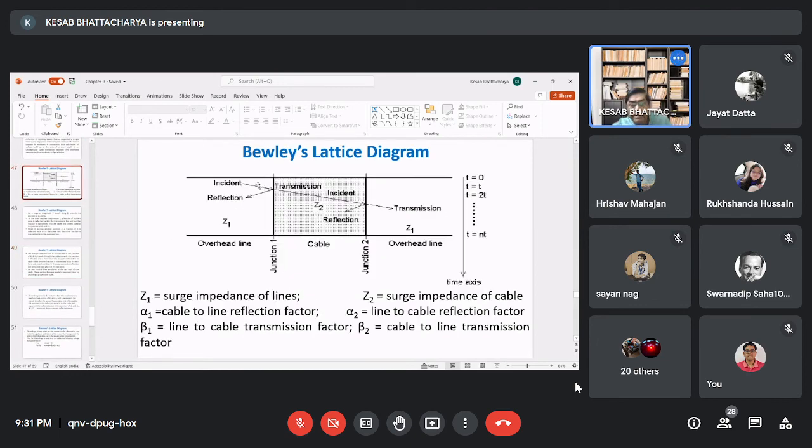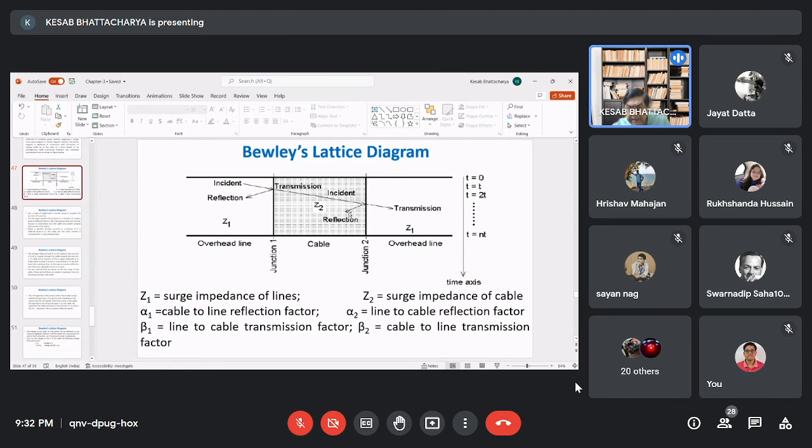Here, what happens? First, a part is reflected back to the line itself at junction 1, and another part is transmitted forward, which gets reflected. A part of the transmitted wave is reflected back into the cable. Another part is transmitted forward into the transmission line.